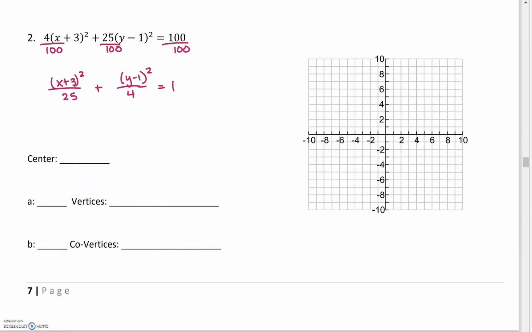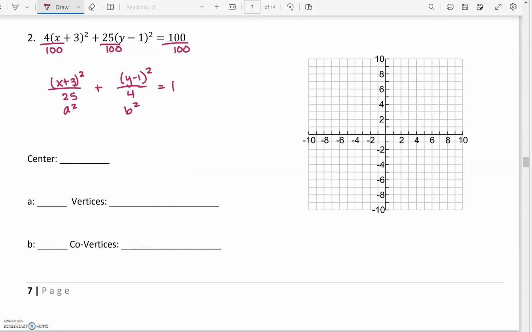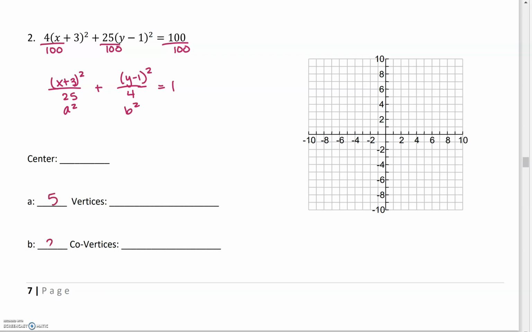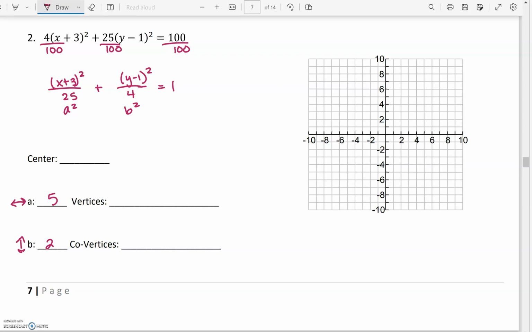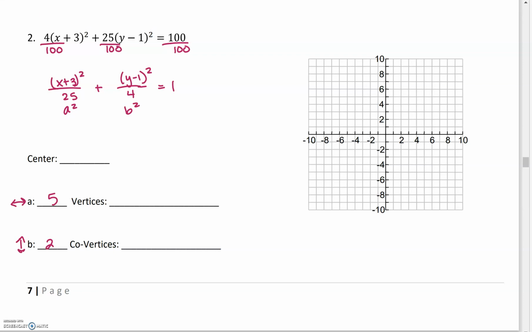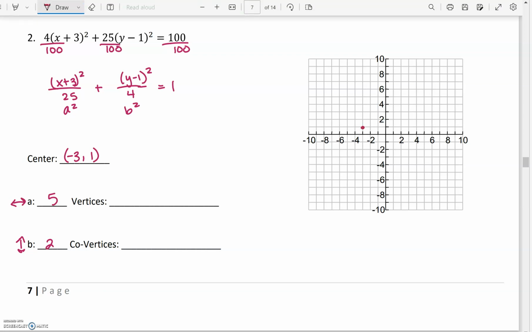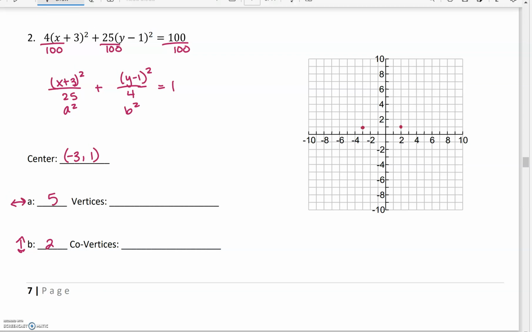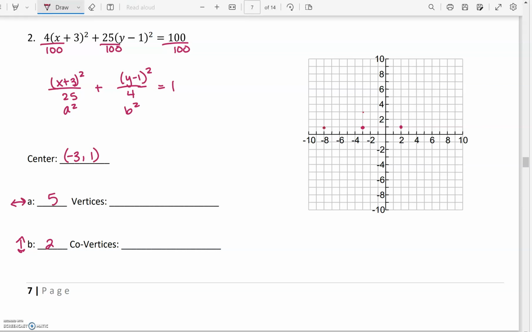So we have our a squared here and our b squared here, which means a is 5 and b is 2. Again, a is left and right and b is up and down. And we have a center point at -3, 1. Remember, we do the opposite sign since it's always a subtraction here. So we're going to go to -3, 1, and then go 5 units to the left and the right, and then 2 units above and below.